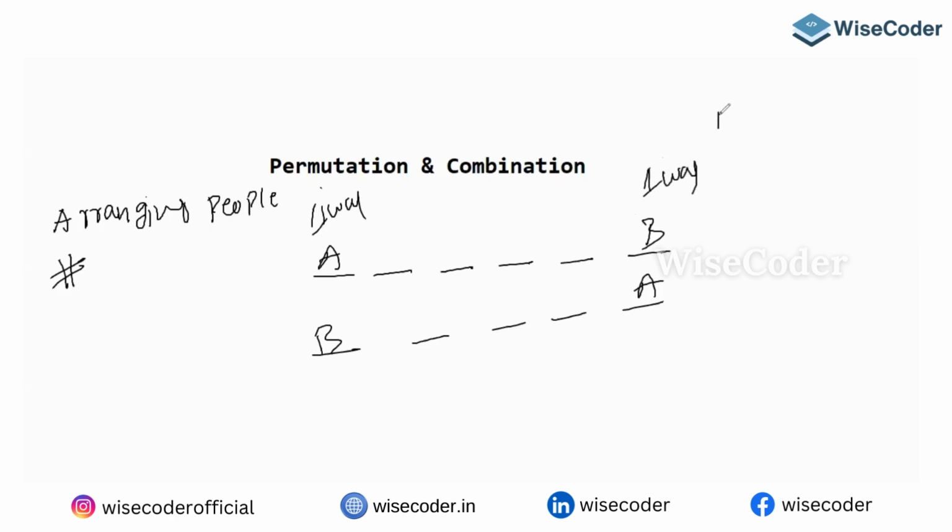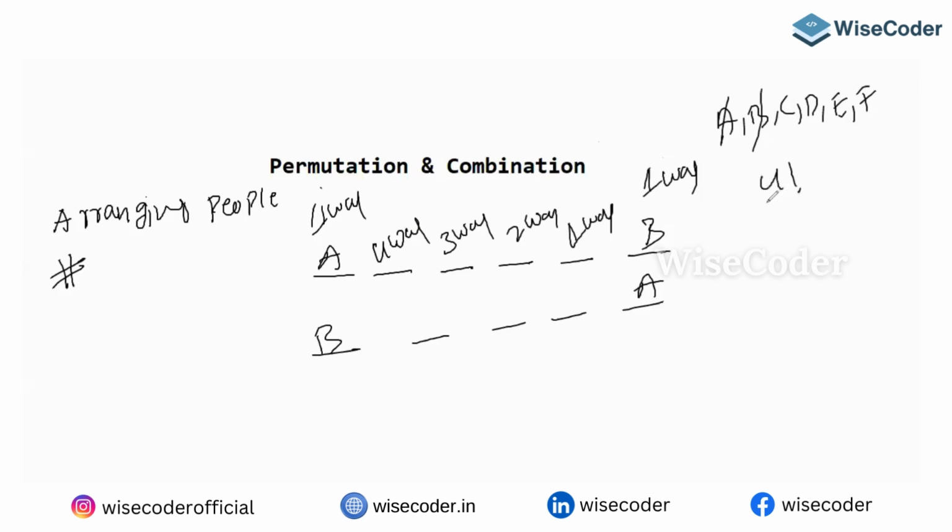Out of A, B, C, D, E and F, A and B are fixed. So how many places are vacant? 4 places are vacant. So 4 places and 4 people. This is 4 ways, this is 3 ways, this is 2 ways, this is 1 way, which means 4 factorial ways.